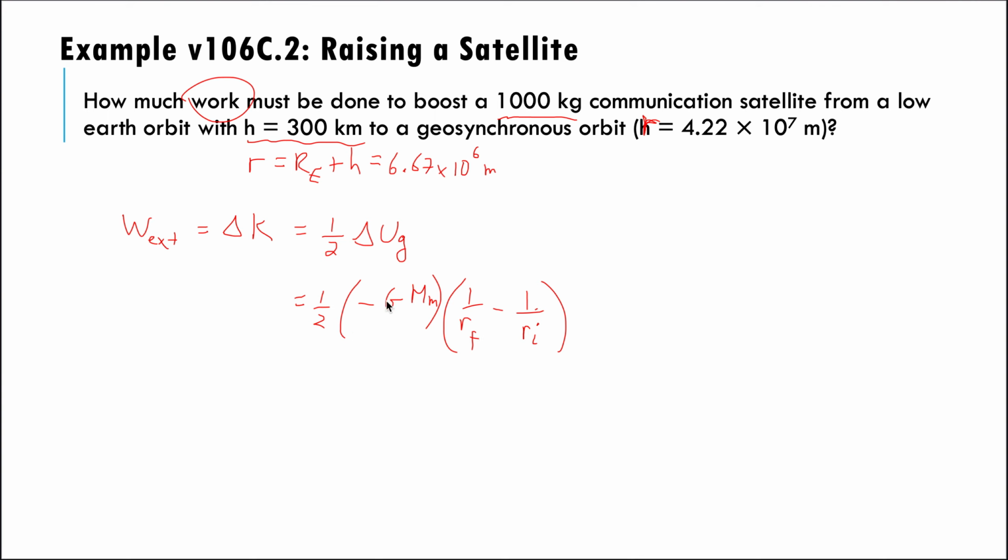We have our G, I'll write them down the side here, G equals 6.67 times 10 to the negative 11. The mass of the Earth again, which is 5.97 times 10 to the 24.